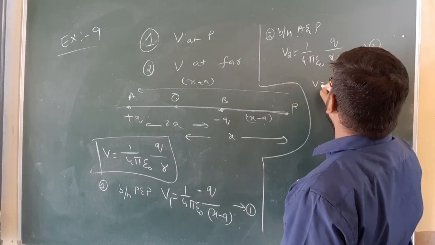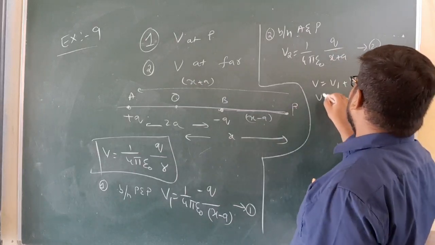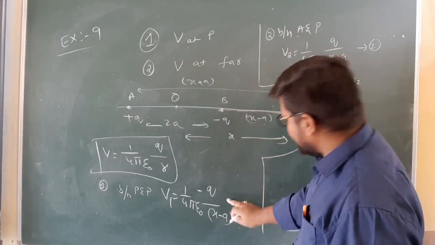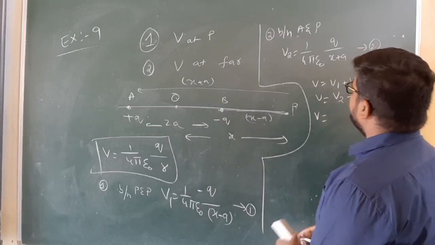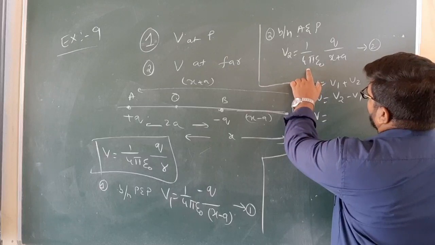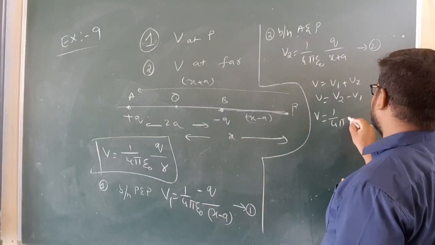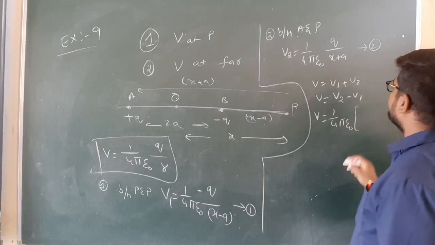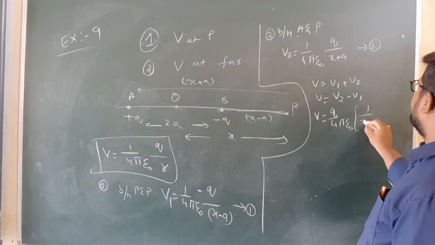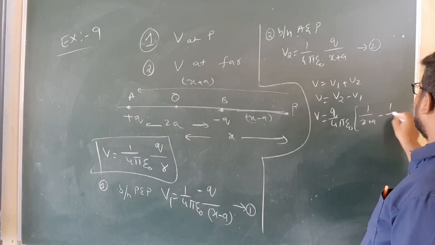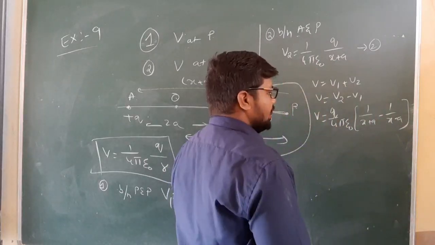So V is equal to V1 plus V2. Because V2 is positive and V1 is negative, V is V2 minus V1. So V is equal to 1 by 4 pi epsilon naught Q times 1 by x plus A minus 1 by x minus A, where 1 by 4 pi epsilon naught and Q are common. Is it clear, my children?